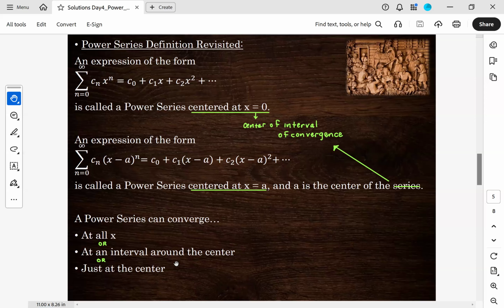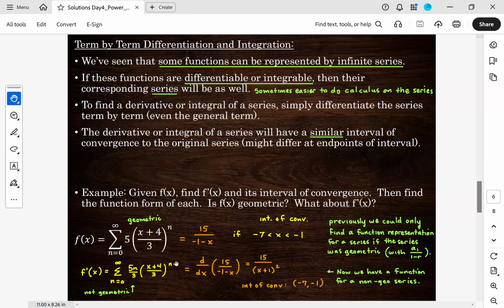Okay, on to the next page. Now, why do we care about a function being written as a series or vice versa? Well, there's a calculus answer to that. Here's where we're at. We've seen some functions can be represented by a series as long as you're in your interval of convergence.